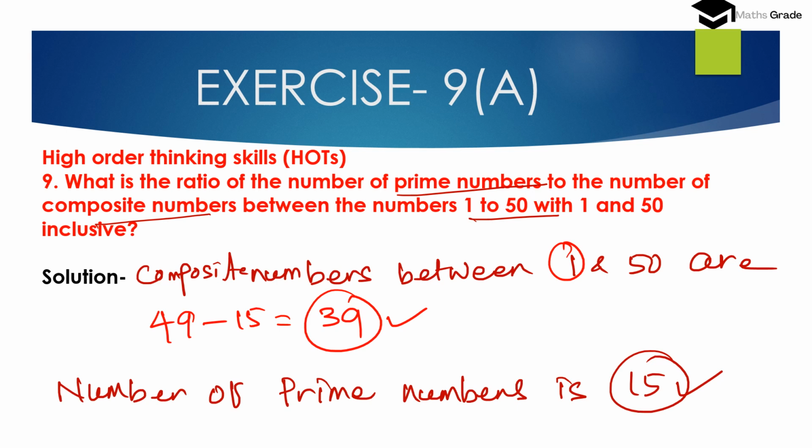We have to subtract 15 because the number of prime numbers is 15. So 49 minus 15 is 34. So the number of composite numbers is 34 and the number of prime numbers is 15.